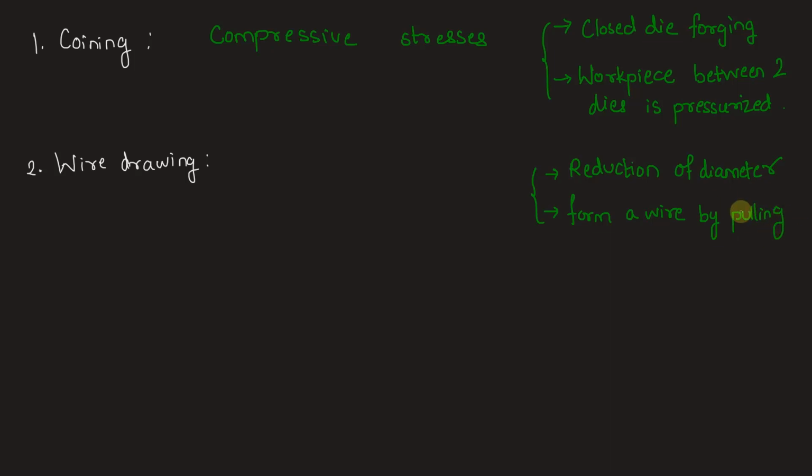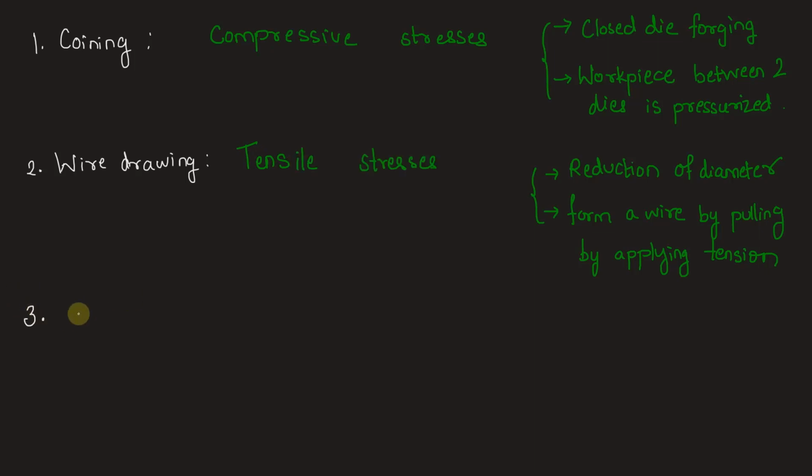And pulling is an action performed by applying tension on both the ends. So one of the ends can be held fixed and the other end will be pulled by applying tension, and thereby the pulling will happen and the wire will be drawn. So the stresses that develop in the workpiece are tensile stresses.